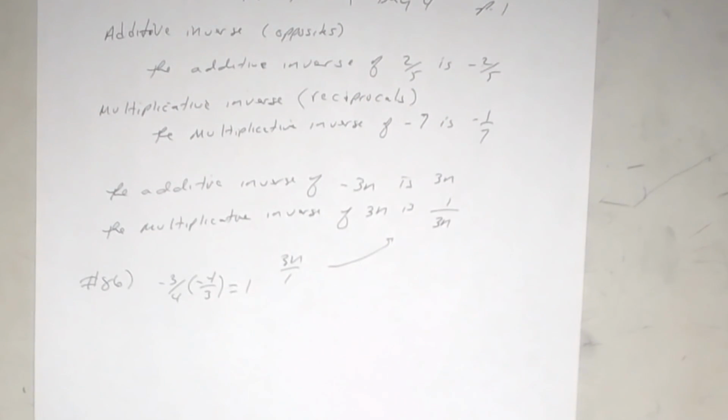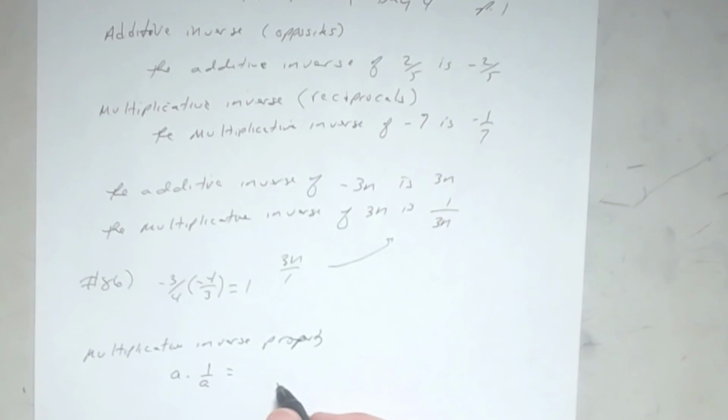All right, so remember the multiplicative inverse says this. It says a times 1 over a has to equal what? What do you think?